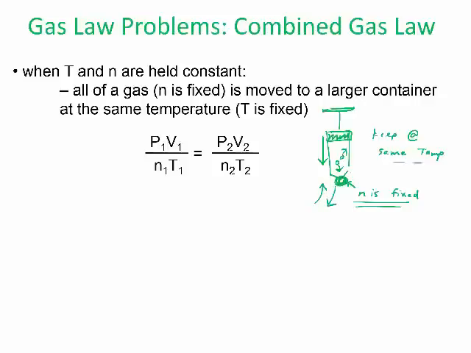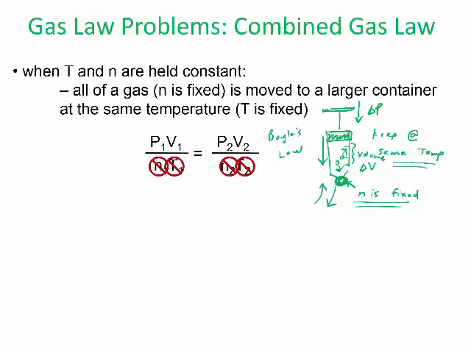And if we keep it at the same temperature, that's the easy way to fix temperature as well. If there are markings on this device to measure volume, a syringe will allow us to change the pressure and the volume. So that situation is actually Boyle's law.